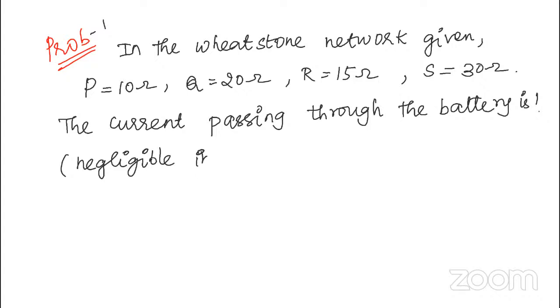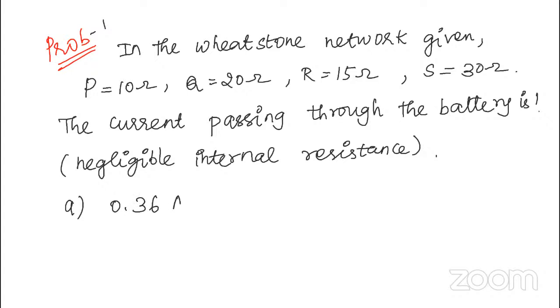Then they are given the options: A is 0.36 ampere, B is 0, C is 0.18 ampere, and D is 0.72 ampere.